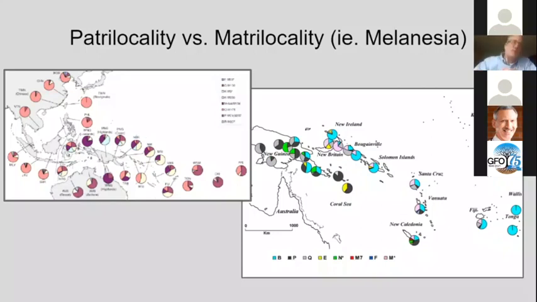However, when you look at the Y chromosome on the left there, you do see some more localized, maybe you see some dark purple, which represents, I believe, haplogroup O, whereas haplogroups M and S, other Melanesian groups, seem to be quite local to different parts of Melanesia. So you do see some movement of Y chromosome, but it seems to be slightly more localized.